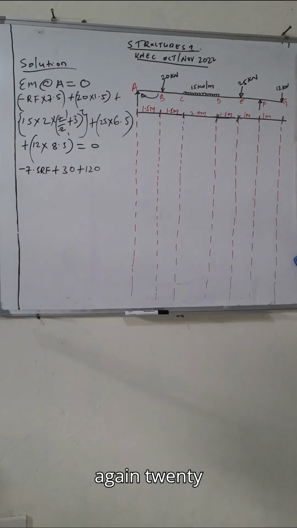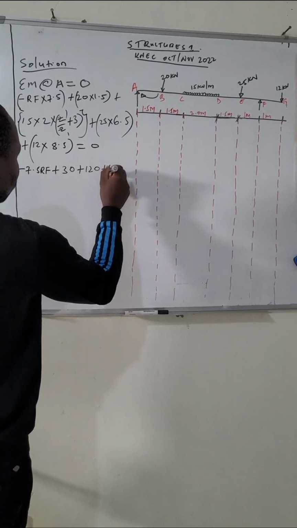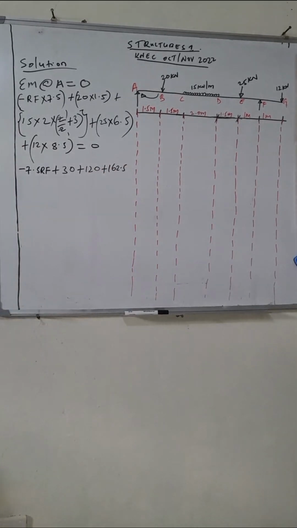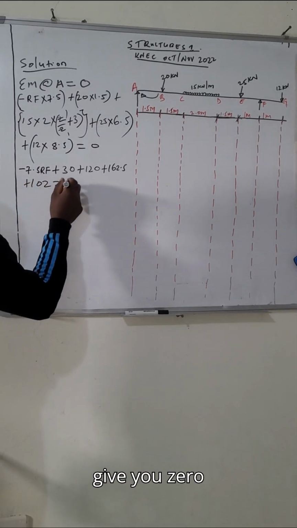Again, 25 times 6.5 is 162.5. Plus 12 times 8.5, that is 102, should give you 0.